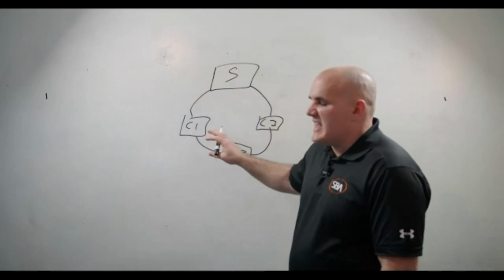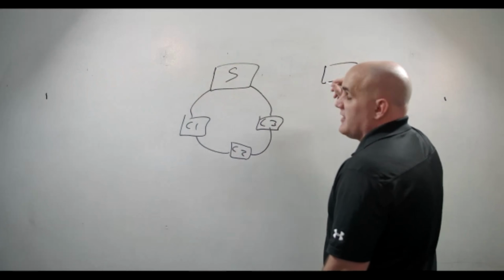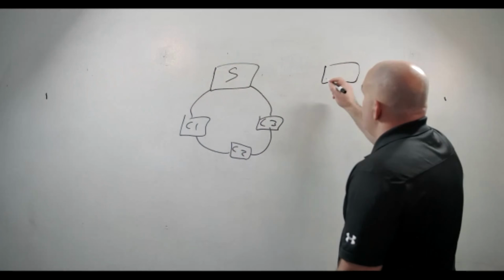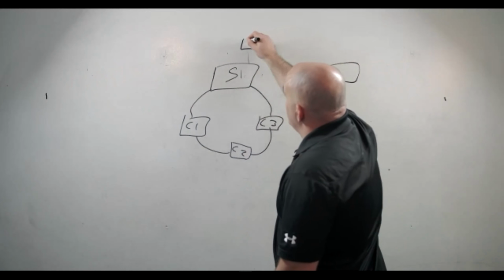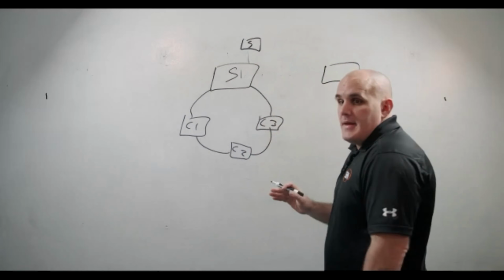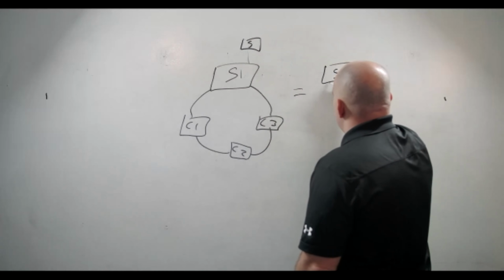What I want you to think about with this ring is it is really no different logically than this. Let's say this is switch 1, and then you've got the supervisory device coming off of it, right? This equals this.